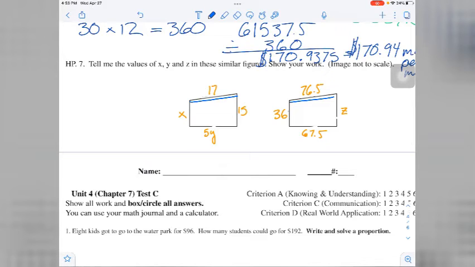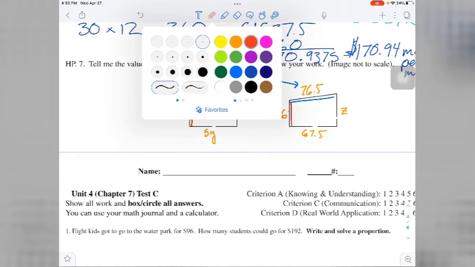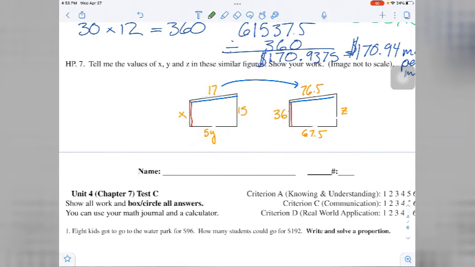And there are a number of different ways that I can use this. I like to start with what do I have to multiply 17 by to get 76.5, because I see that this is one of the corresponding side lengths where I have both of the sides. You can see that for these two sides that correspond, I don't have both pieces of information.